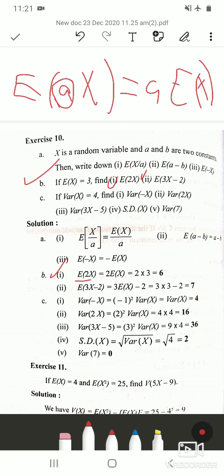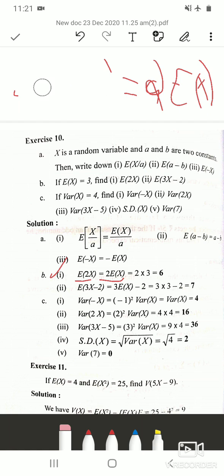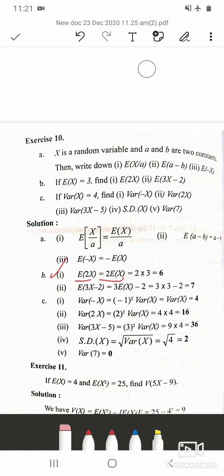Therefore 2 into expectation of x. They have given the value of expectation of x, which is 3. So substitute. Therefore 2 into 3, which is 6. Therefore expectation of 2x is 6 when expectation of x is 3.